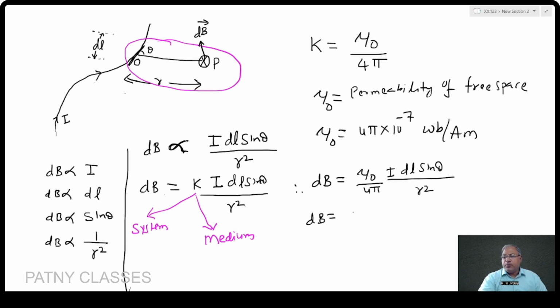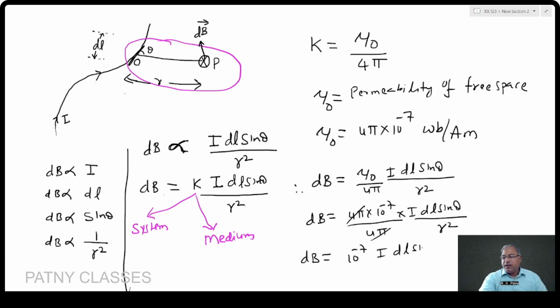So dB equals 4 pi into 10 raised to minus 7 divided by 4 pi, into I dl sin theta upon r square. 4 pi will cancel. So we get dB equals 10 raised to minus 7 I dl sin theta upon r square.